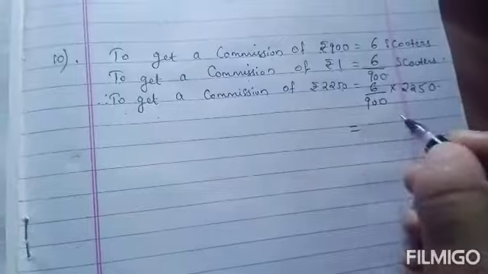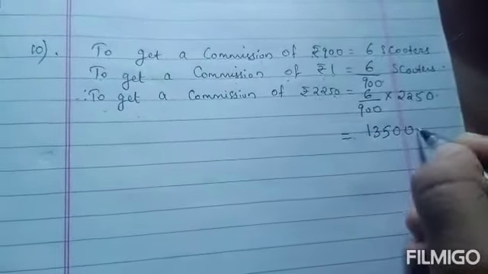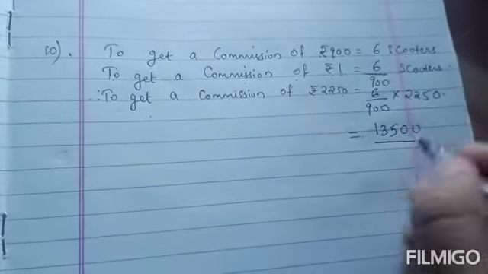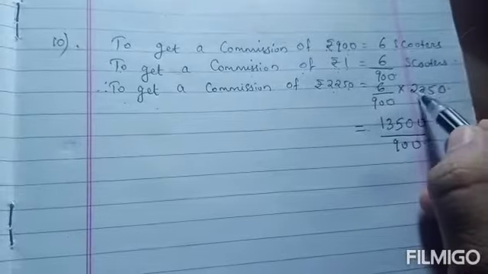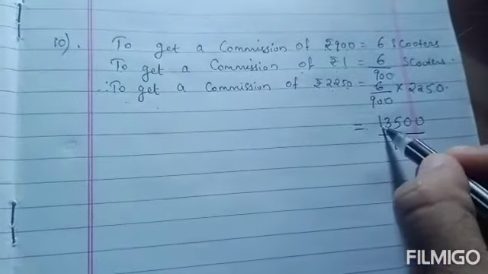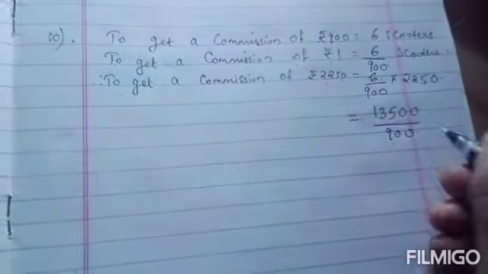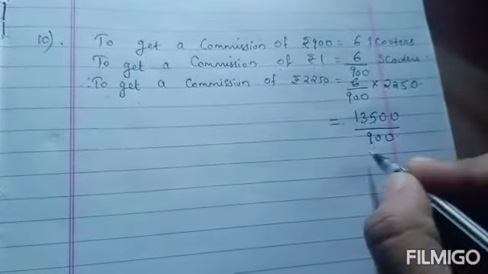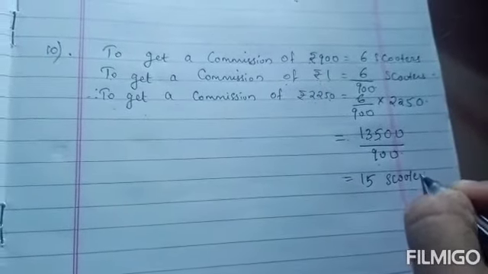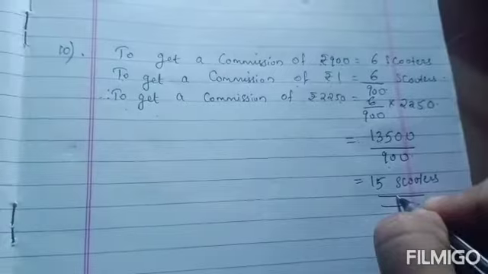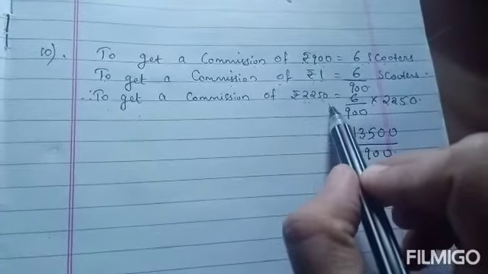So 6 into 2,250, you will get 13,500, divided by 900, which is there in the denominator. Then you will get the answer 15 scooters. So 15 scooters should be sold to get a commission of rupees 2,250.